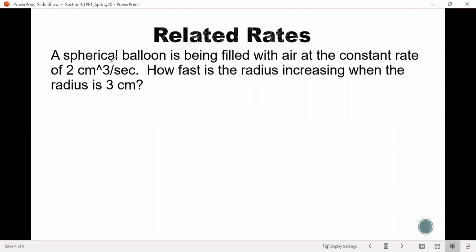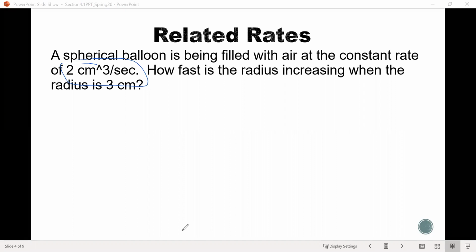So let's say we have a spherical balloon, which I know is a little unrealistic because balloons are not perfect spheres, but just bear with me. That's being filled with air at a constant rate of 2 cubic centimeters per second. Okay, so that tells us the rate at which the volume is changing over time.